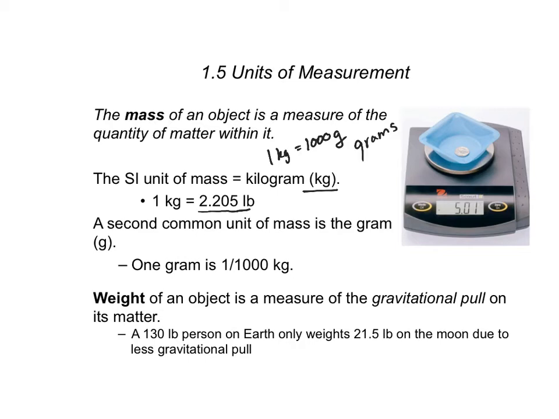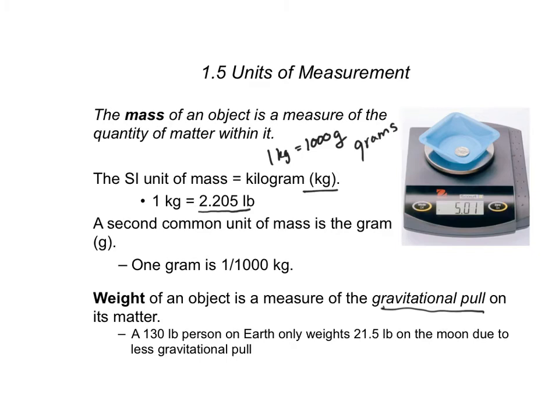The mass required to create a pound of force on Earth wouldn't be the same on a different planet that's a different size. So it's a measurement of force exerted by overall gravitational pull. Yes, very good. Weight is a measurement of force because of the gravitational pull of Earth, okay?